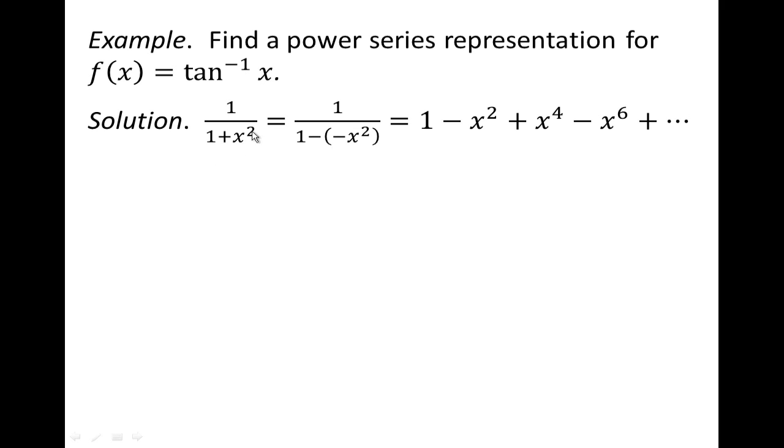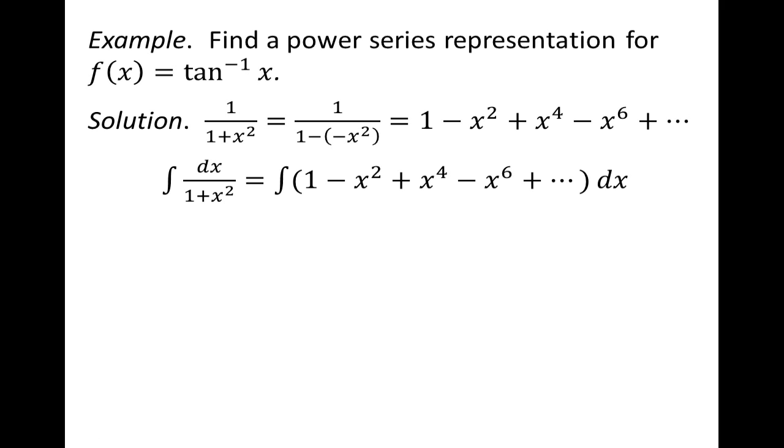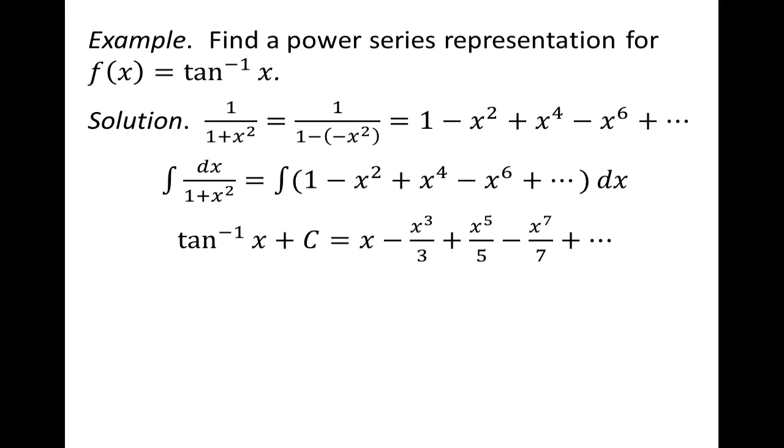Well, remember, this is the derivative of inverse tangent of x, so to find a power series representation for the inverse tangent of x, I integrate both sides. Well, this is pretty easy to do. The left side is the inverse tangent of x, the right side is going to be x. 1 more than 2 is x cubed, we divide by the new exponent 3, x to the 5th divided by 5, x to the 7th divided by 7, and so on.